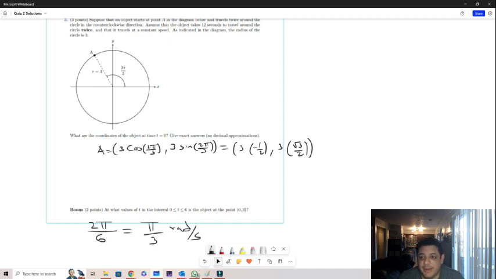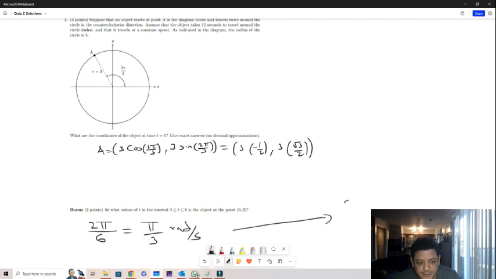Plus 1 pi over 3 more. So this means that 5 seconds later, it will be at 5 pi over 3, which is the movement per second, plus the initial position, 2 pi over 3, and this means 7 pi over 3.